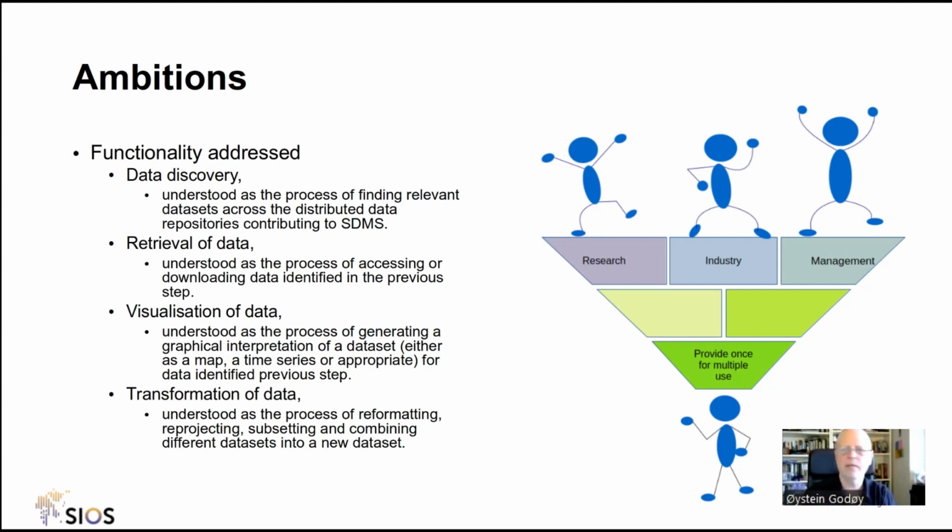Then every consumer has to go from the individual discovery metadata into the landing page of that data set in order to download the data. But if data has a richness where there are direct download links or services on top of the data, we can integrate those into services in the central SIOS data management system.